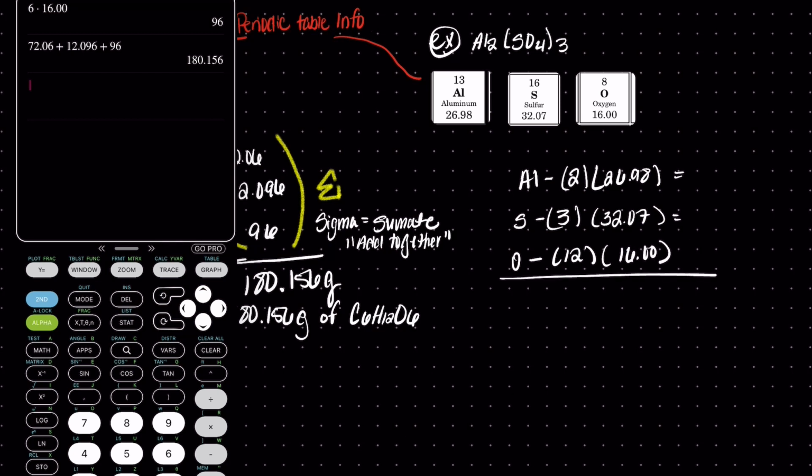Multiply across. Two times 26.98 equals 53.96. 3 times 32.07.